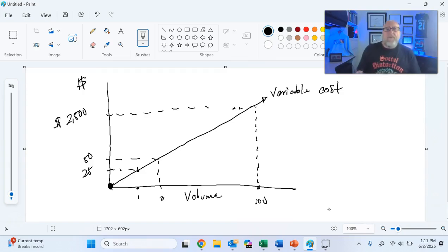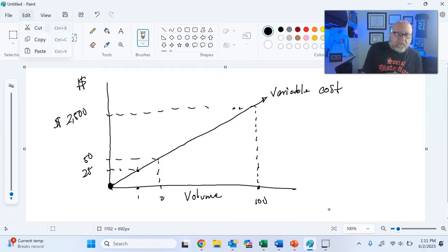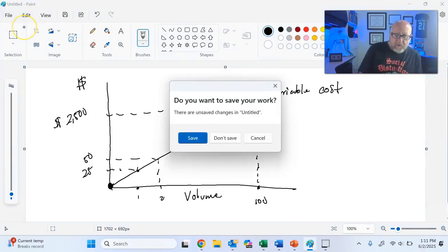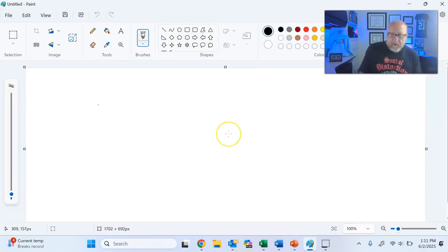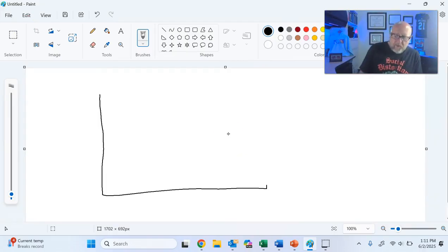Alternatively, we have things that we would refer to as fixed costs. Fixed costs are not going to go up based on the number of tables that I make. I could make 0 tables or I could make 100 tables, and the cost is going to remain the same.